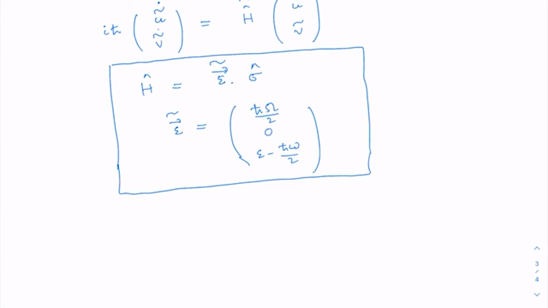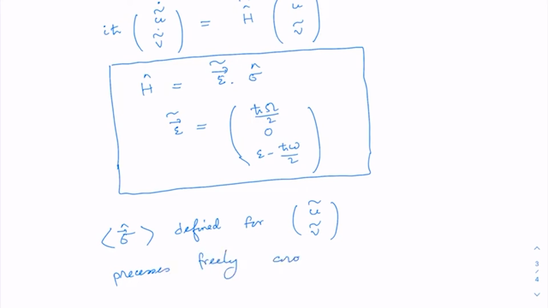And immediately you see that this Bloch vector sigma, now defined in this new variable u tilde v tilde, precesses freely around this new vector epsilon tilde.